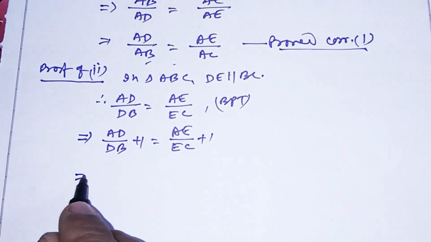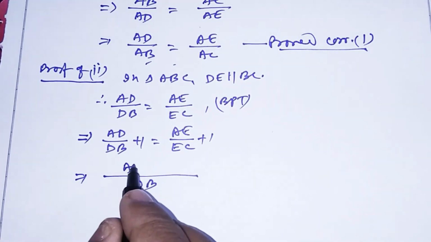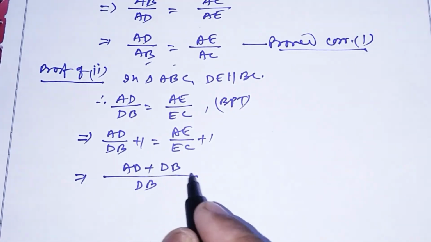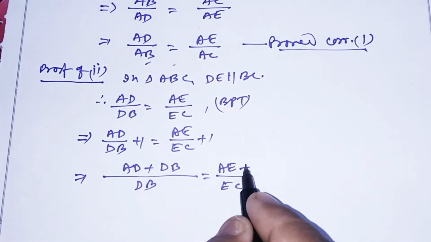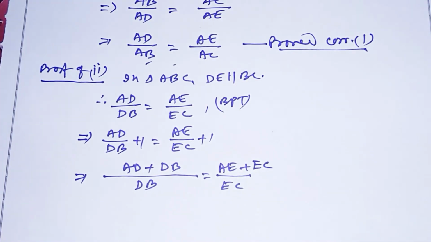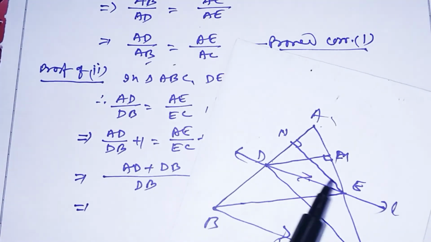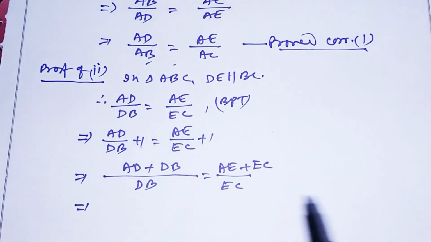Then take LCM again. LCM is DB, which gives AD plus DB. Here take LCM EC, which gives AE plus EC. Then AD plus DB gives you AB, so in the numerator is AB and denominator is DB.